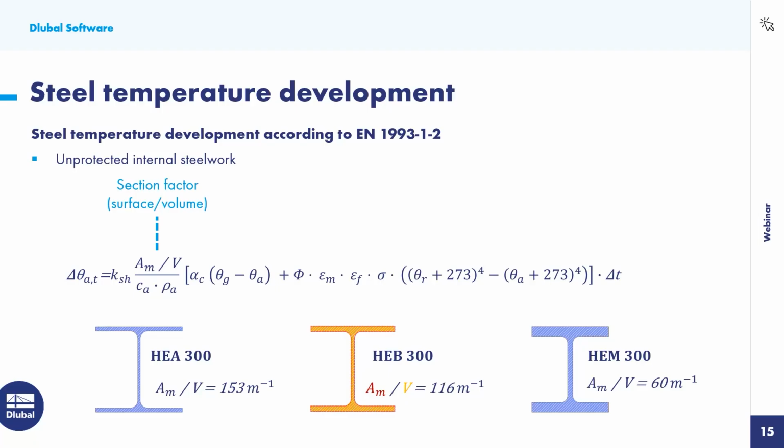This means that more compact cross-sections have a lower profile factor, as demonstrated here in this example calculation, and as a consequence, since the profile factor is in the numerator of this heating equation, compact sections heat up more slowly. And we will check this in a minute in the model again.